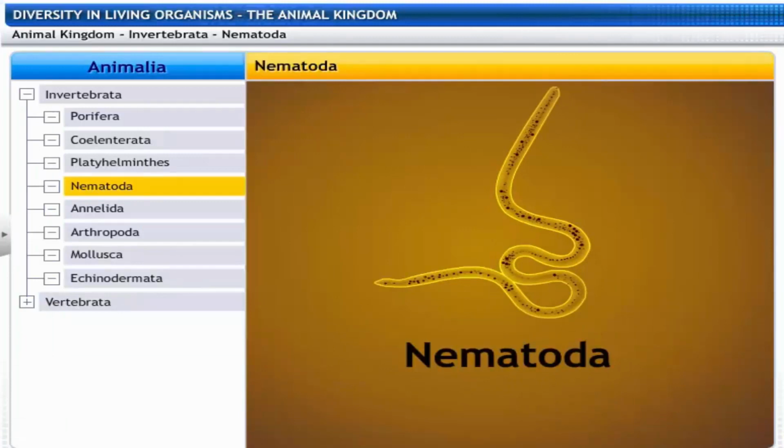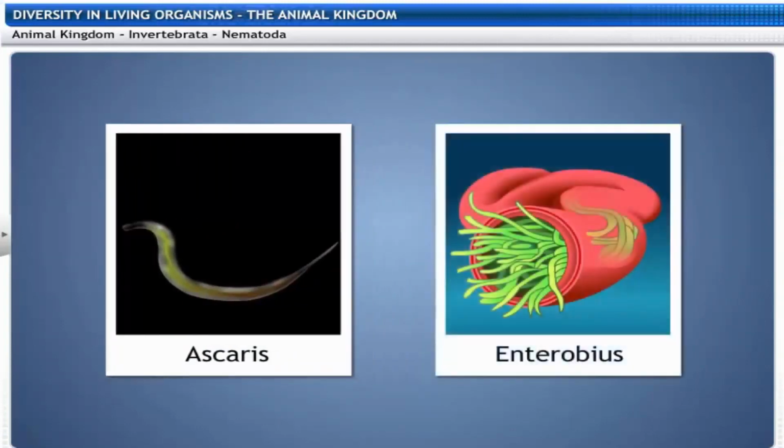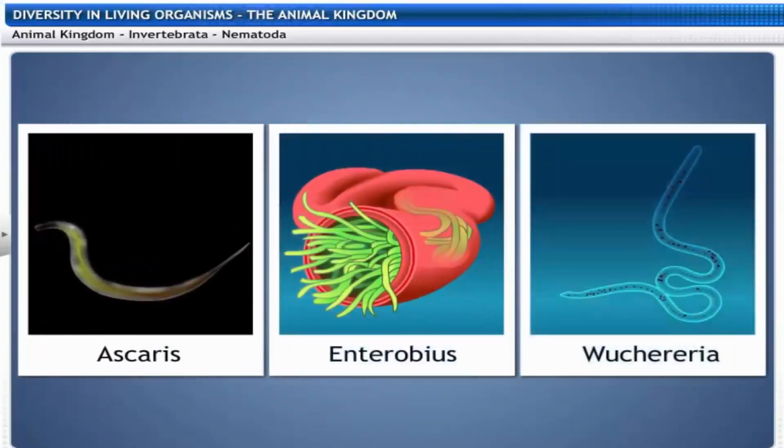Nematoda get their name from two Greek words, nema, which means thread, and eidos, which means like. The phylum Nematoda includes Ascaris, Enterobius, and Wuchereria.